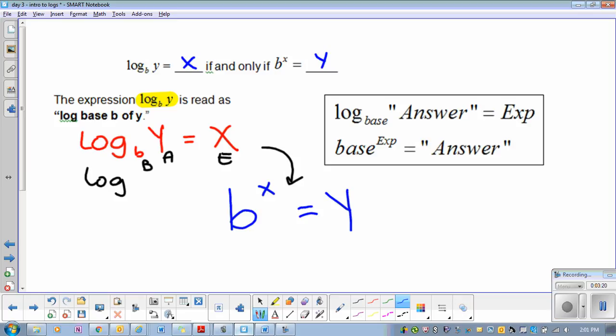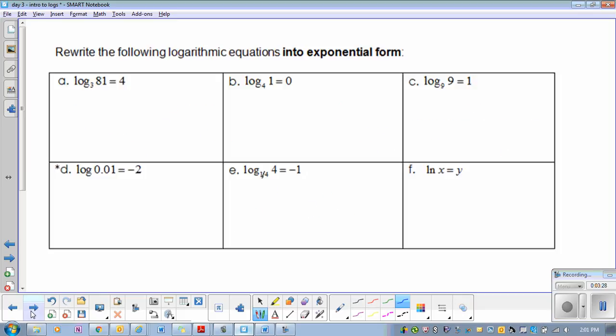Let's try some examples because I think that helps. It says rewrite the following into exponential form.